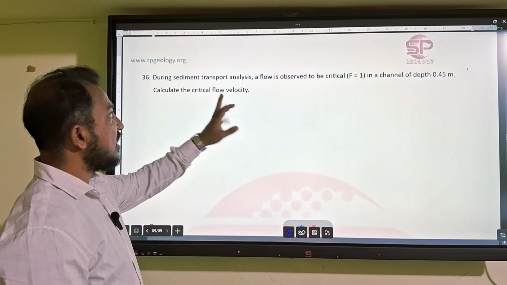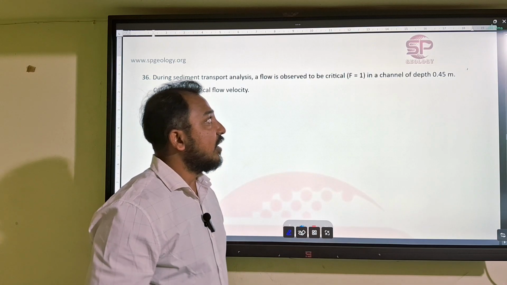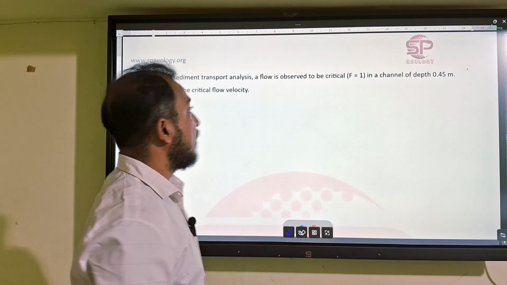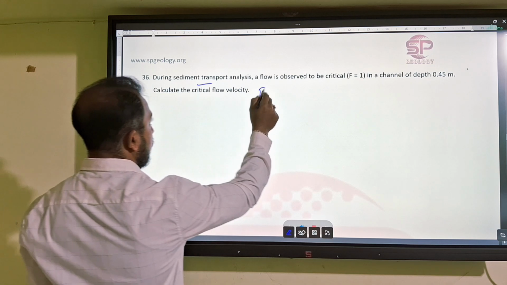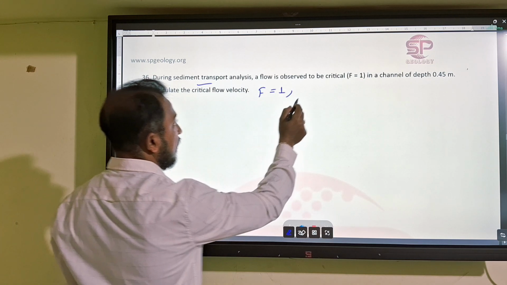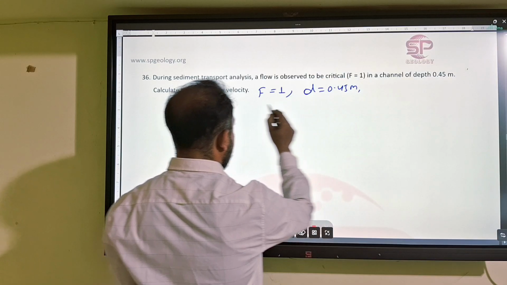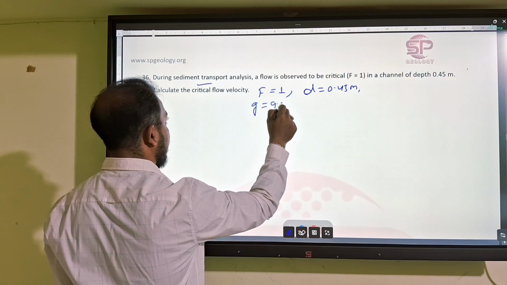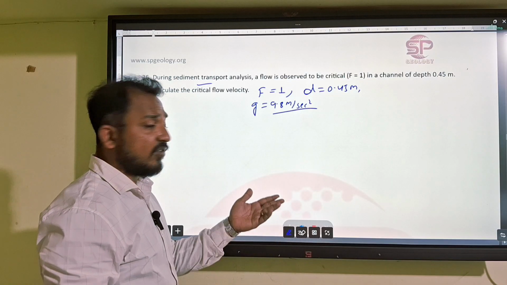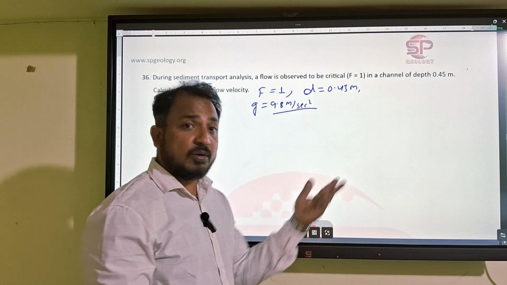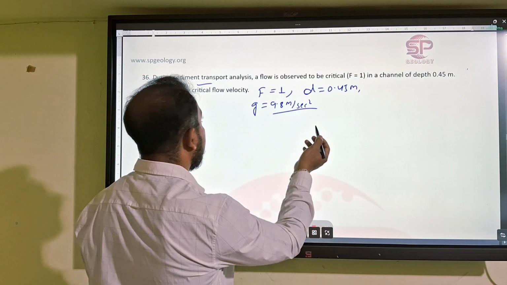Next, during sediment transport analysis, a flow is observed to be critical, that means F equal to 1, with a channel depth of 0.45 meter. You have to calculate the critical flow velocity. So F is equal to 1, depth is given 0.45 meter. G we will take as 9.8 meter per second square. If in the question G equal to 10 meter per second square were given, it would be easier, but as it is not given, we have to take 9.8 meter per second square.